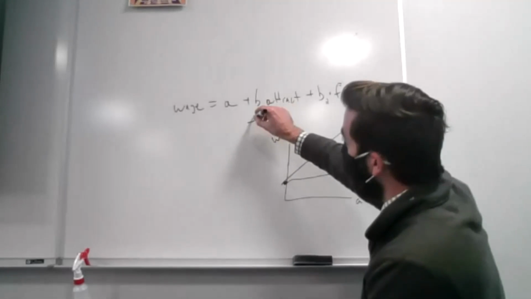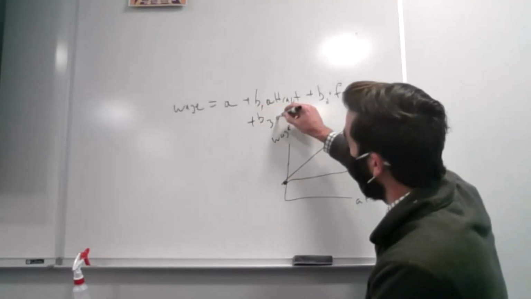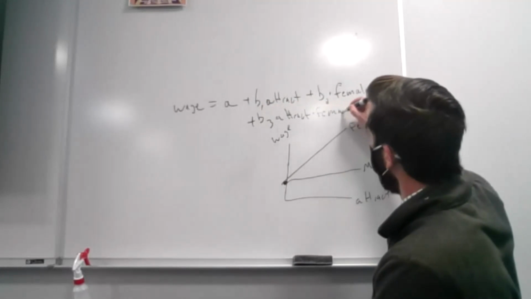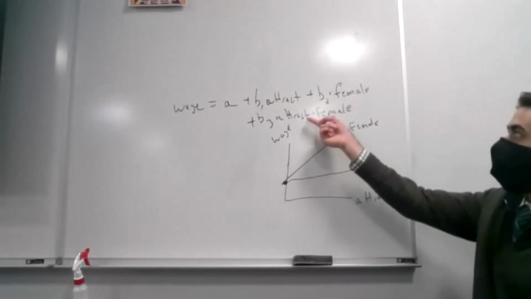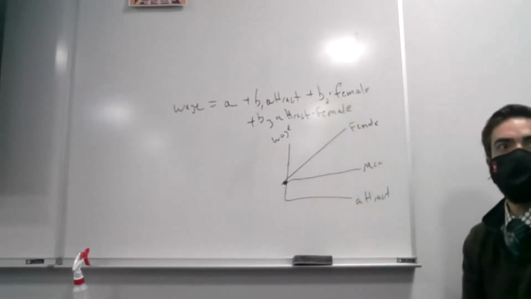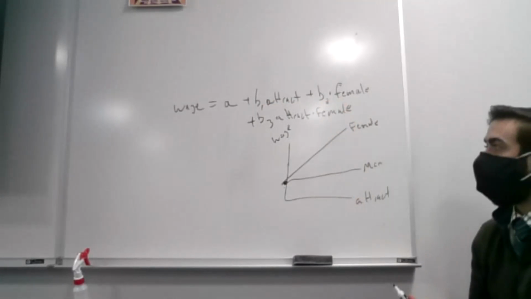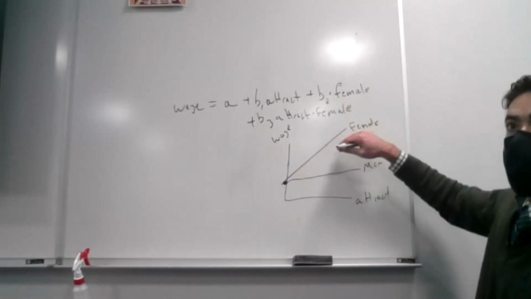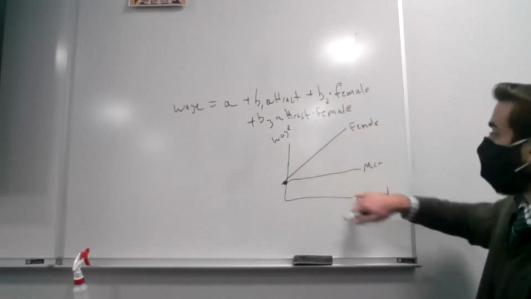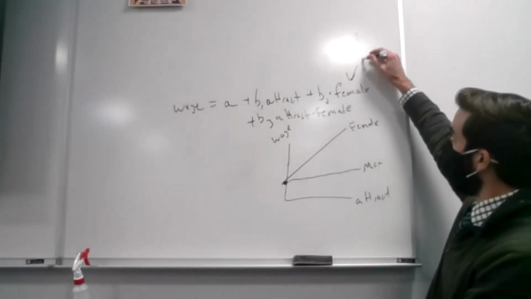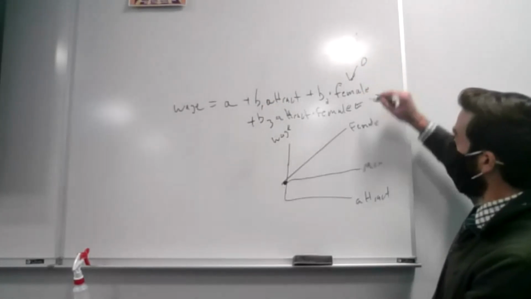What I actually do is I include this third variable, which is the interaction between this dummy variable and the variable X that I was interested in. So now, when I try to predict the slope, for what's the relationship between attractiveness and wages for men, well, for men, this would be a 0, this would be a 0.